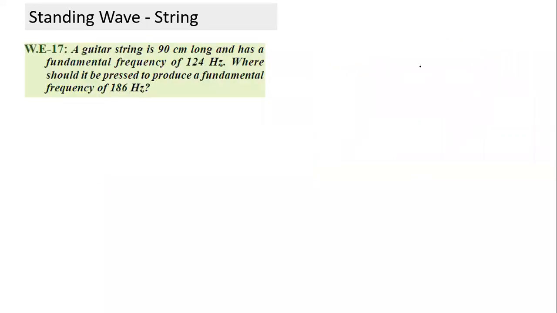So the next question is something like that. A guitar string is 90 centimeter long. If you visualize, it's something like this. The guitar string is 90 centimeter long, and it has a fundamental frequency of 124.